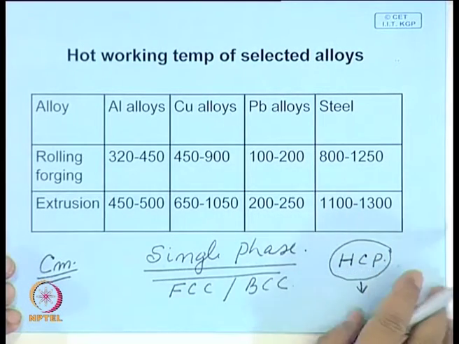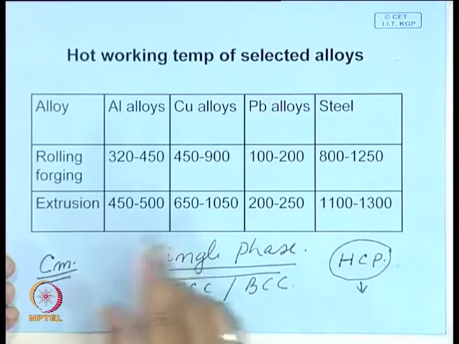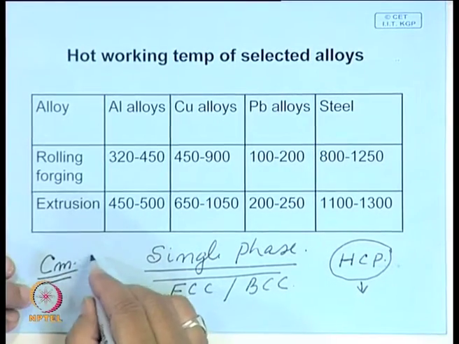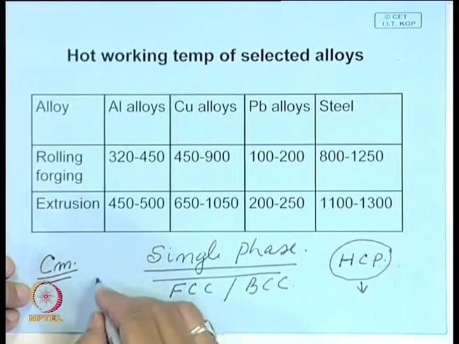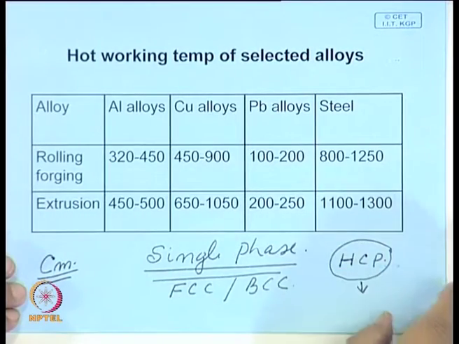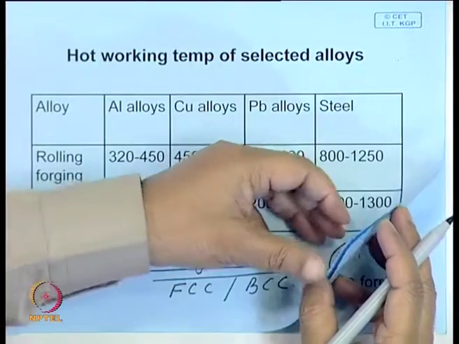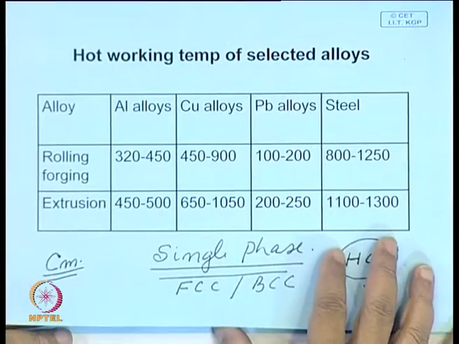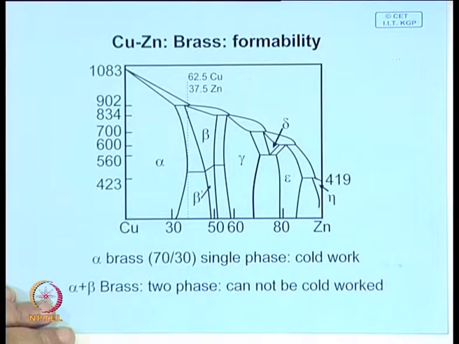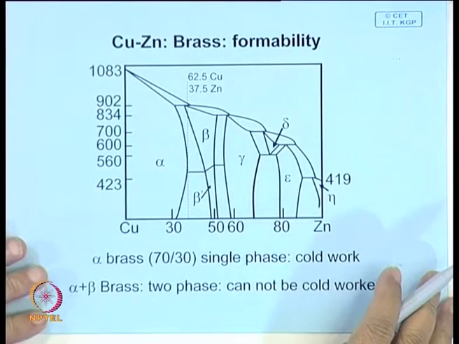They are difficult to deform. They can fragment, but if they are present in bulk quantity, then it will be even more difficult to deform. So the microstructure is quite important in knowing whether the material can be processed by deformation processing. Let us look at the case of brass.